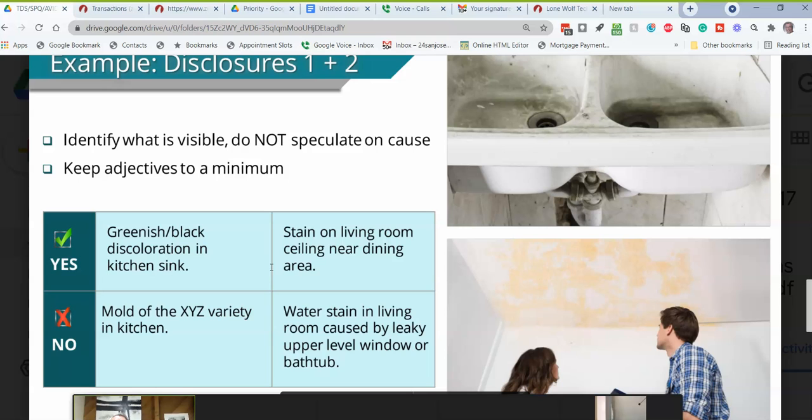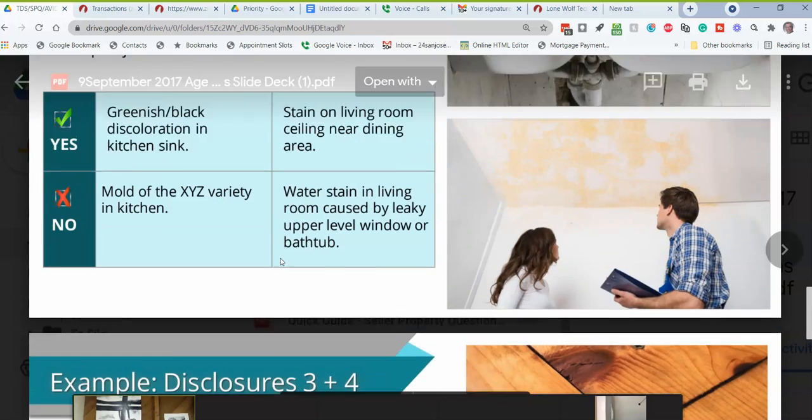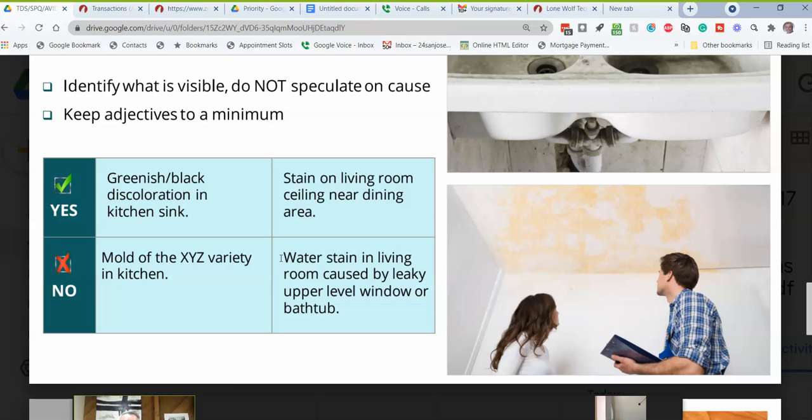And so I'm going to go through some examples. But don't speculate. So these are some good examples. You're not supposed to diagnose. You're just supposed to describe. I've seen things that said sloping floor indicates foundation issues.